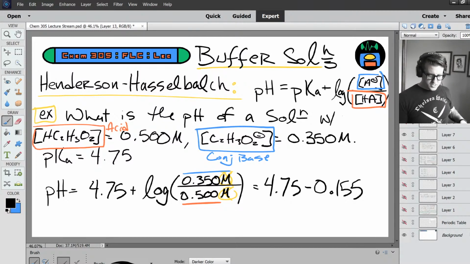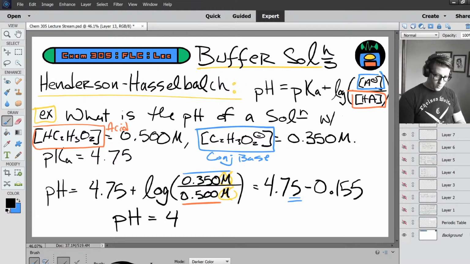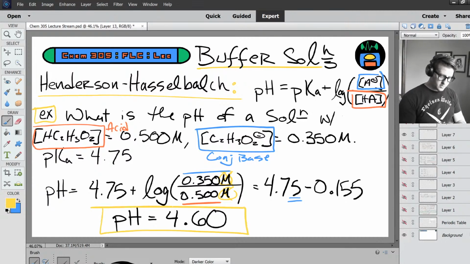So now we have 4.75 minus 0.155, and our last sig fig has to be in the second decimal place. So we get our pH is equal to 4.60 after we round. All right, so that would be the pH for this particular buffered solution.